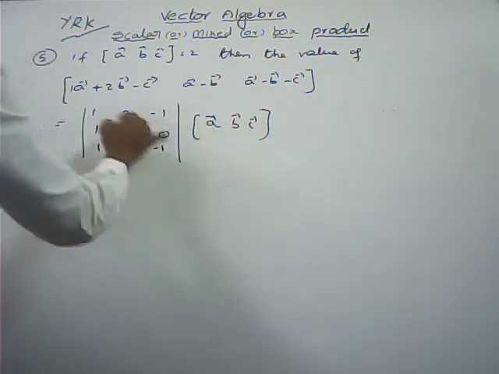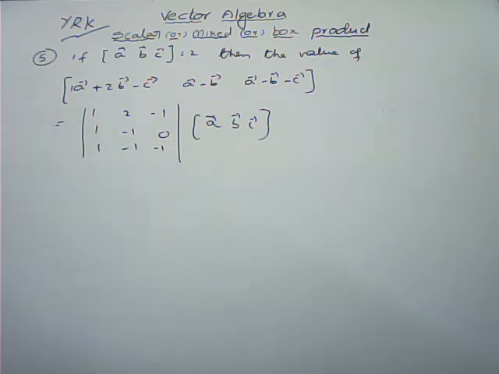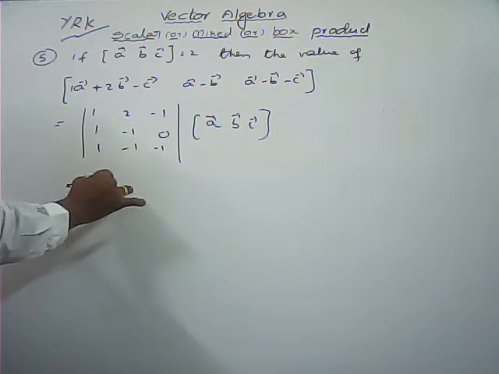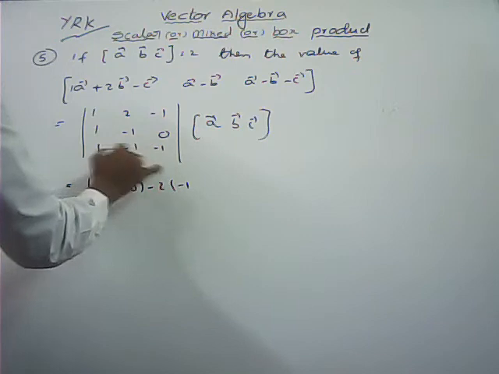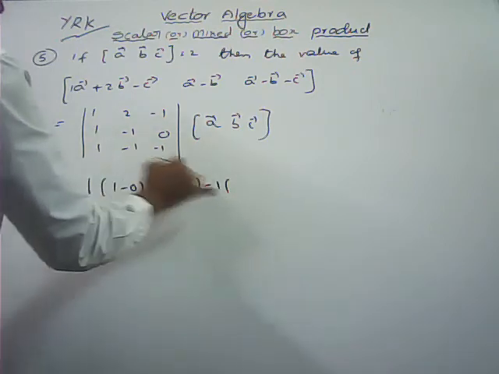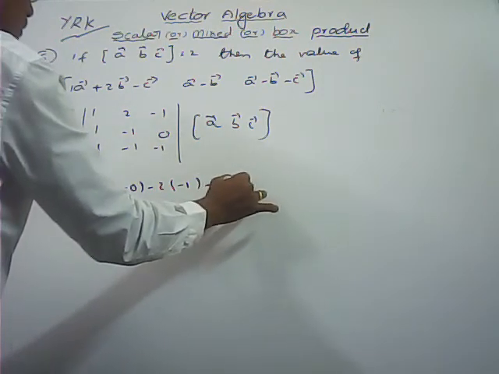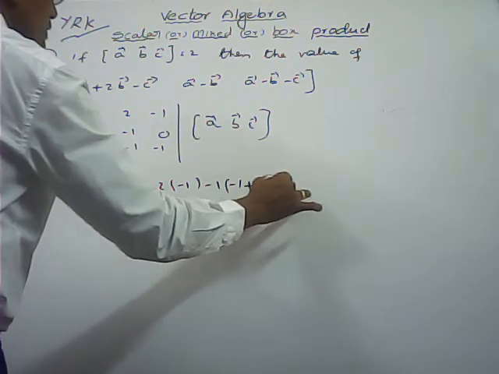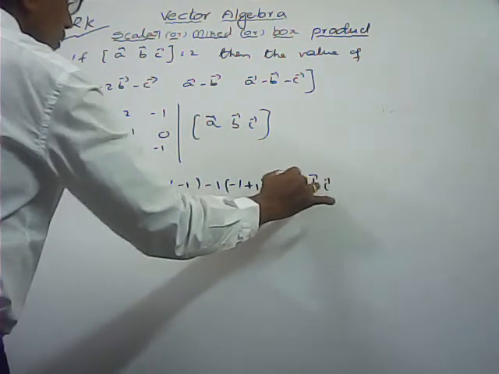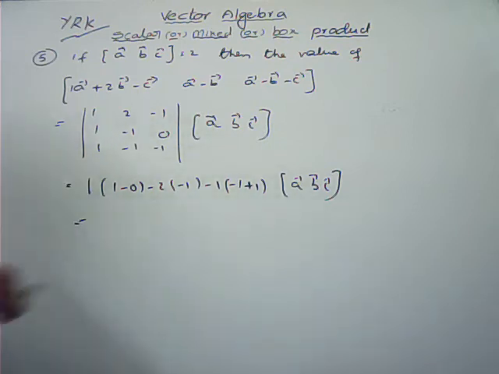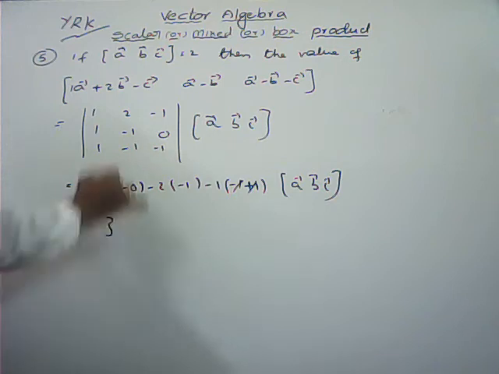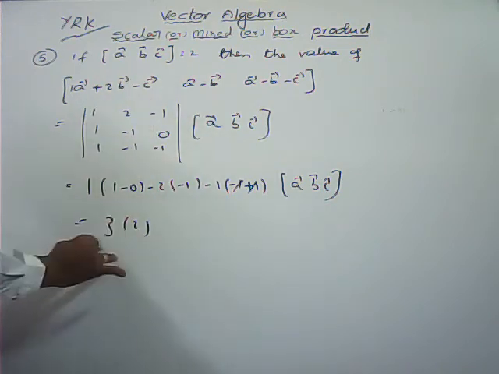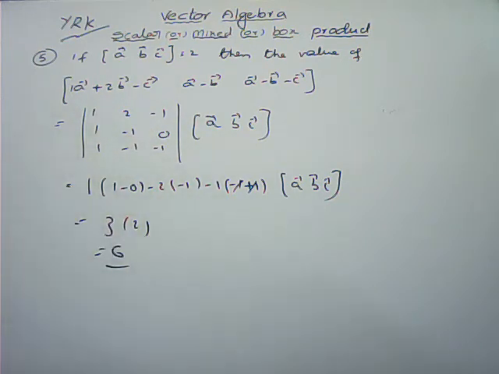Determinant of coefficients into box ABC. This one you can expand: 1 into minus 1, minus 1 into minus 1, plus 1 into box ABC. That is equal to, here plus 2 plus 1, 3. Here these two get cancelled. 3 into box ABC, value is given as 2, 3 twos are 6.